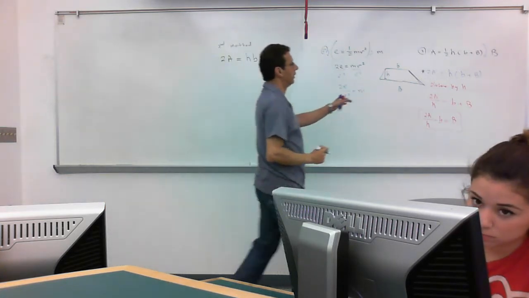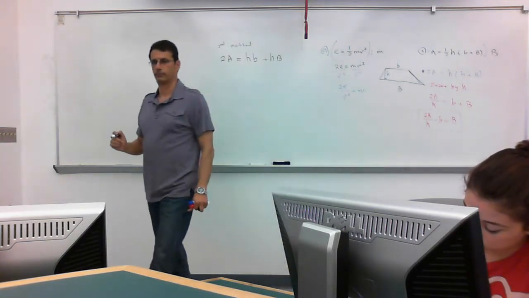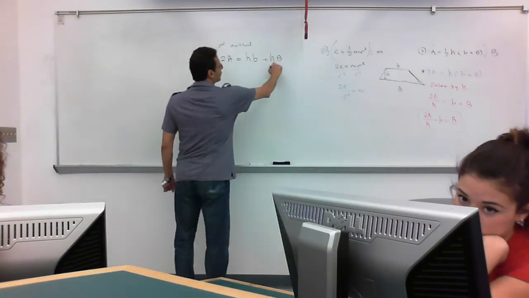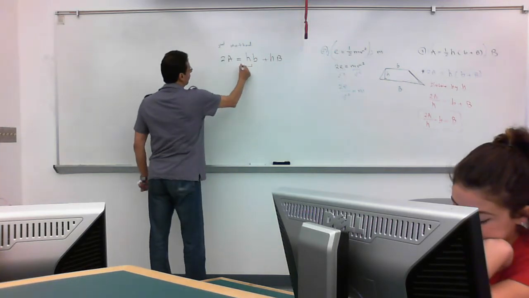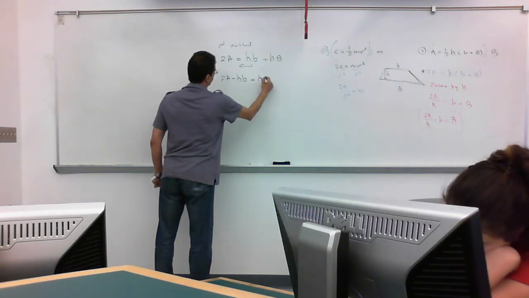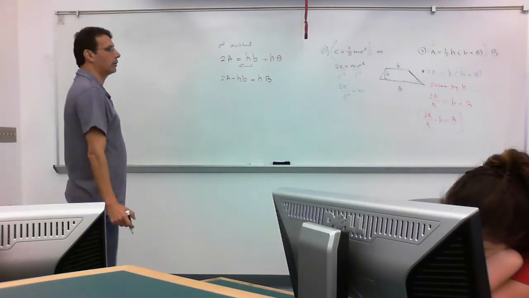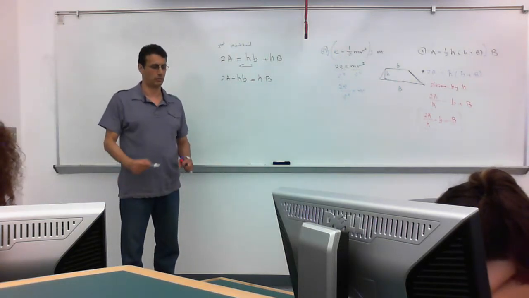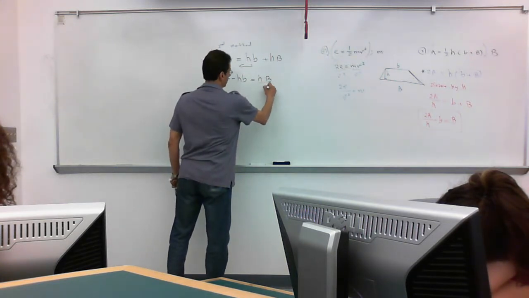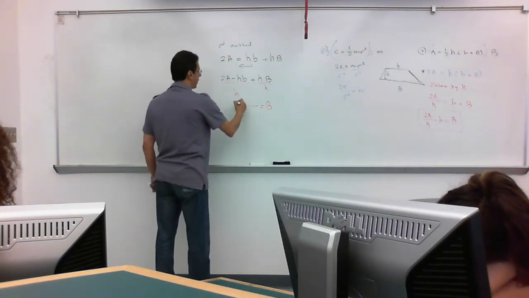If you distribute, right? h times b, h times uppercase B. And so we are going to isolate this piece by moving this one over there. We get 2a minus h lowercase b equals h uppercase B. What's the next step? So the right side is B, and the left side is what you see.